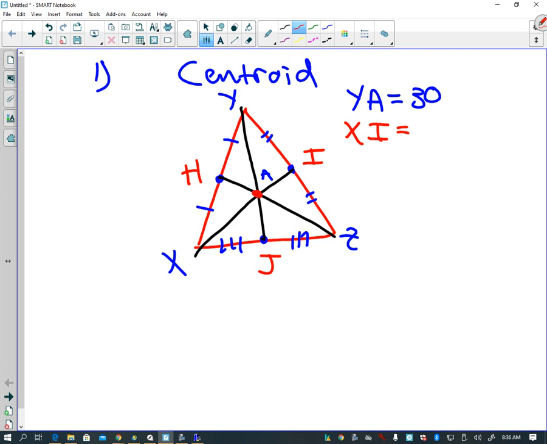They might say that that equals, oh, let's try, say that that equals 33. Okay? What they're going to want you to find is XA.